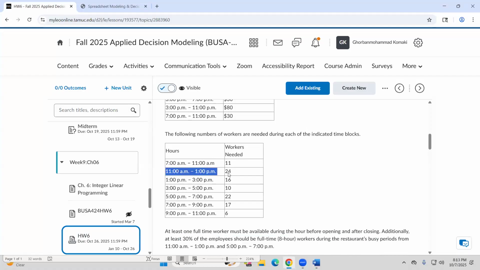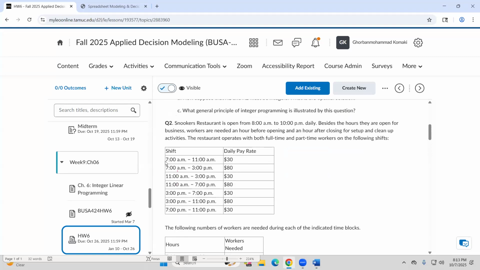So who can work on this 11 to 1? It is X1, 11 to 1, right? So X2 plus X3 divided by, I'm sorry, X2 divided by this should be greater or equal to 30%.